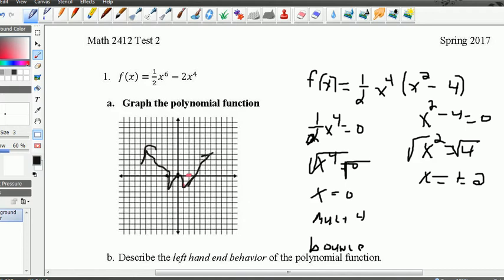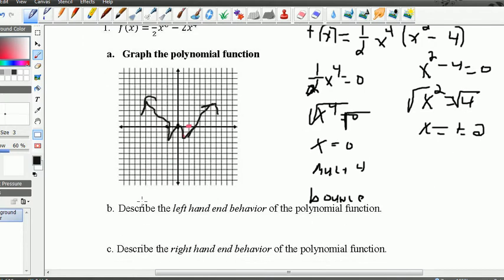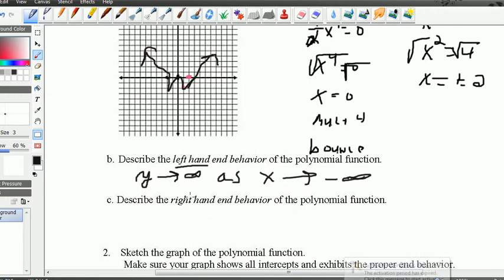There's my arrows. I now know that my end behavior right here is always, what is y doing? Y is approaching infinity as x approaches negative infinity, because we're looking for the left-hand end behavior.